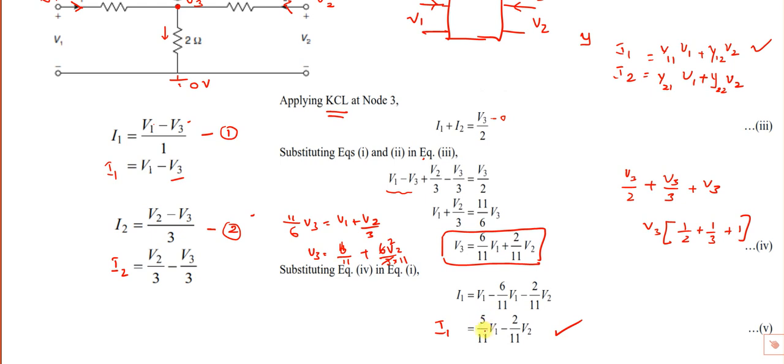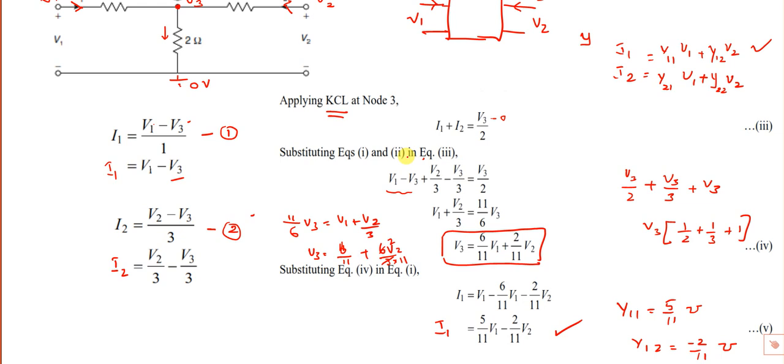Y11 is 5 by 11 and Y12 is minus 2 by 11. So Y11 is equal to 5 by 11 Siemens, opposite of ohms. Similarly, Y12 is equal to minus 2 by 11 Siemens. So these are two parameters we got because we substituted the V3 value in equation number 1.